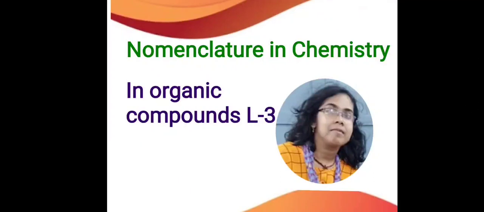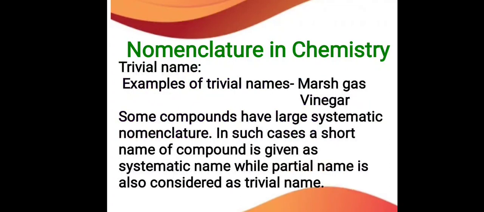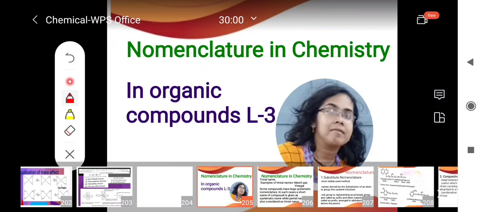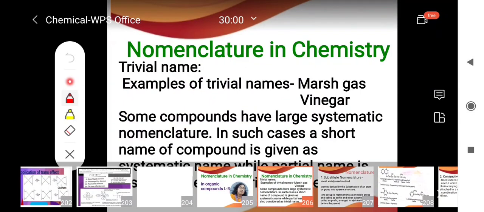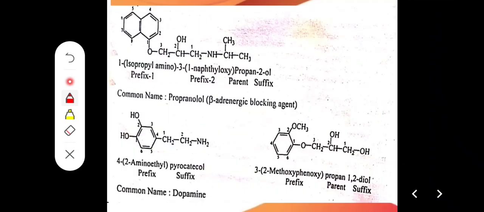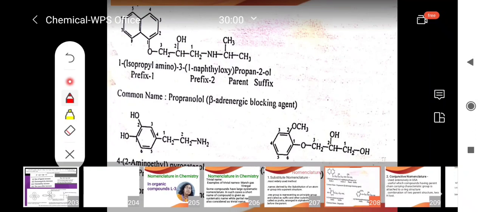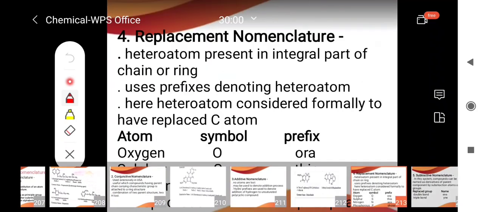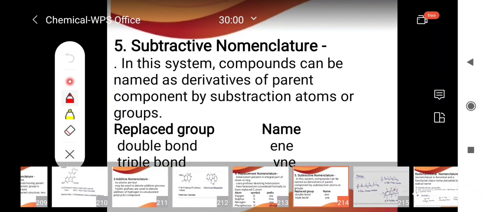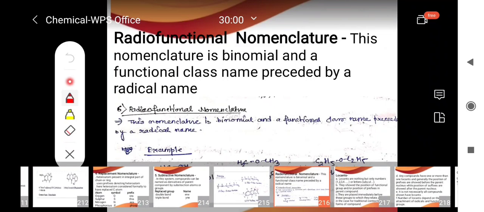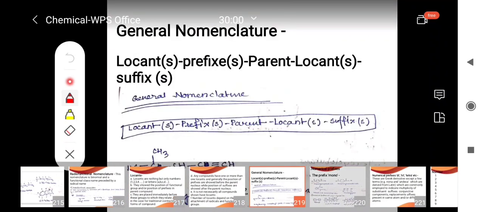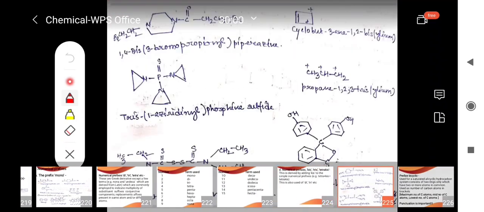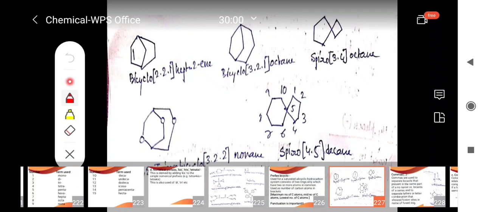Nomenclature in chemistry, especially for organic compounds. Previously I discussed the nomenclature, trivial names, then various types of nomenclature methods, that is substitutive nomenclature, conjunctive nomenclature, additive nomenclature, replacement nomenclature, subtractive nomenclature, radicofunctional nomenclature, locants, then general nomenclature, prefixes, then bicyclo, and the last one.